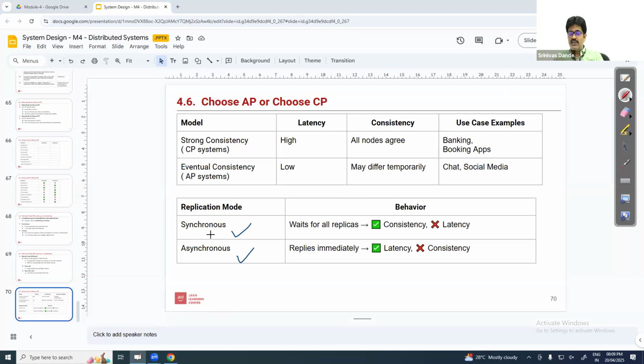What if the replication is happening synchronously? Synchronously means you are waiting, right? You are waiting means you have consistency.